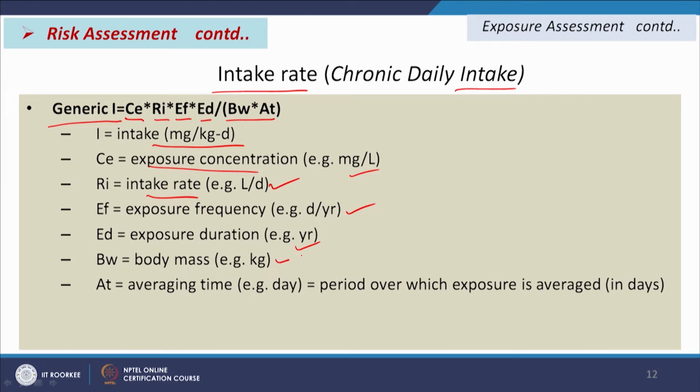Bw is the body mass of myself or the living organism or the human, and At is the averaging time. That is very important, the averaging time, the period over which exposure is averaged, in days. So, these are the terms used to calculate the intake rate for a longer period, or chronic intake.